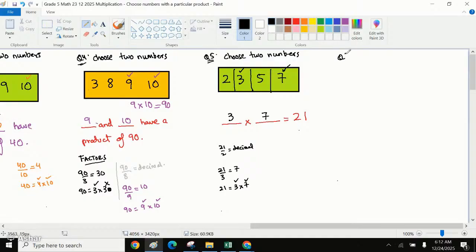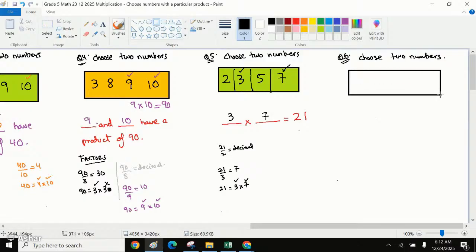Question number 6. It still says the next question is choose two numbers. They're asking us to choose two numbers, and the four numbers given are 3, 5, 6, and 8, right?